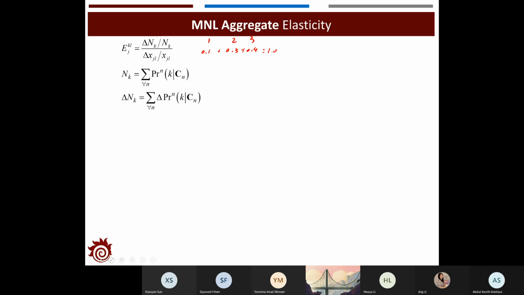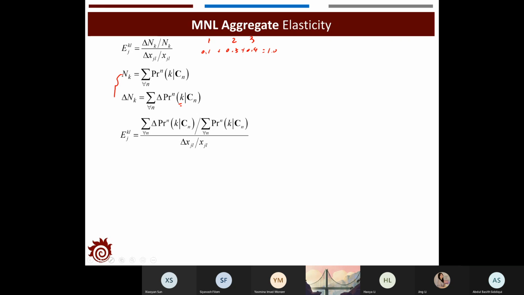Now for delta N_K, that will just be the summation of the changes in each individual's probability with respect to the alternative K. With this definition, we can then do the calculation of the aggregate elasticity.